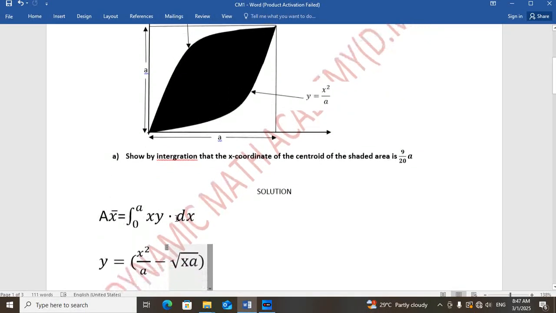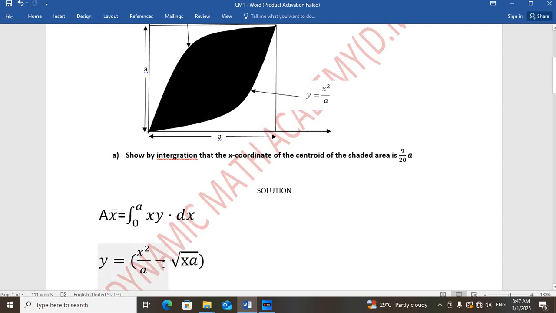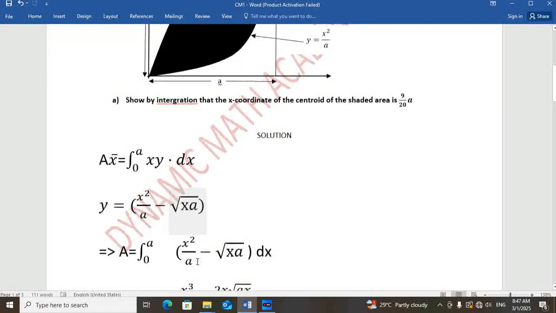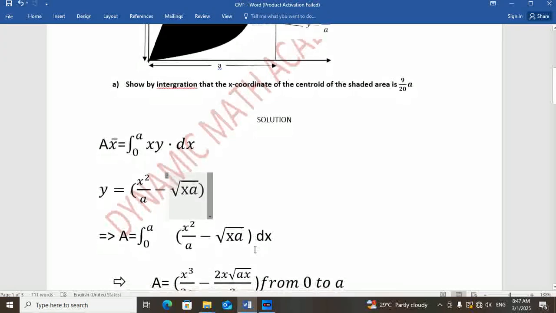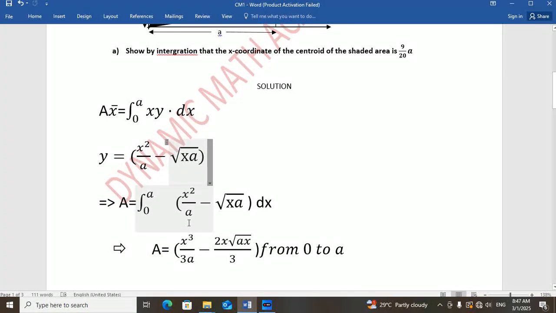If you have y equal to x squared on a minus the square root of xa, you can now go further to look for the area. A is equal to the integral from 0 to a of this dx. Now, when we integrate x squared on a, we're going to have x cubed on 3a, because the power is 2, so it will be 2 plus 1 divided by 2 plus 1. That's x cubed on 3a. Minus, when you integrate the square root of ax, you know that a is a constant.